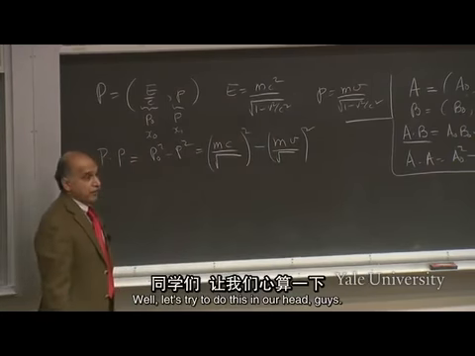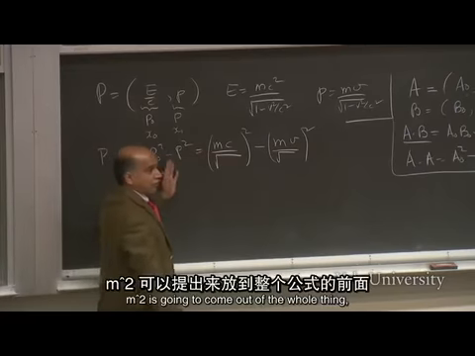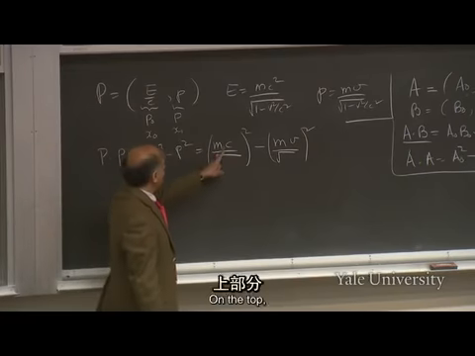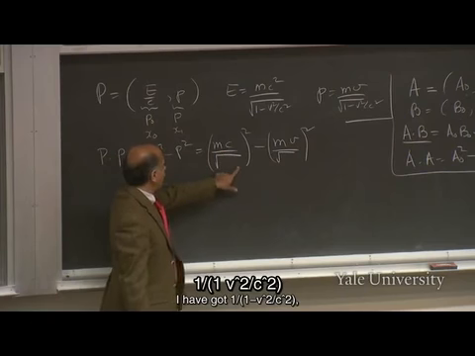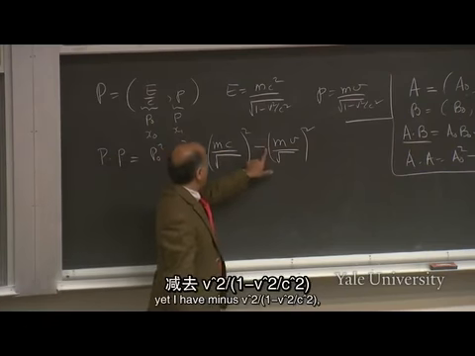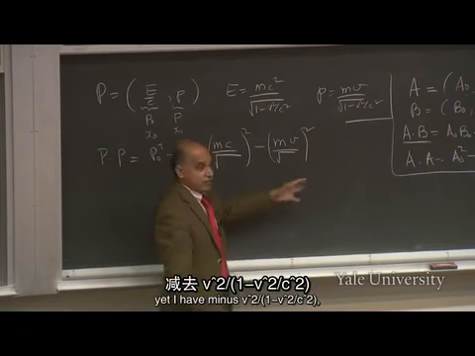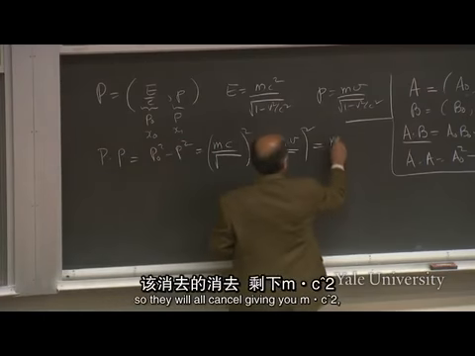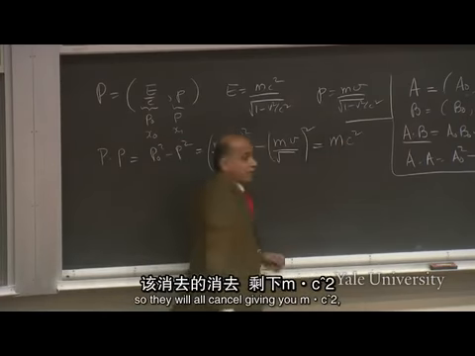Well, let's try to do this in our head, guys. M squared is going to come out of the whole thing, you agree? In the top I have 1 over 1 minus v squared over c squared. Here I have minus v squared over 1 minus v squared over c squared. So they will all cancel, giving you mc squared.